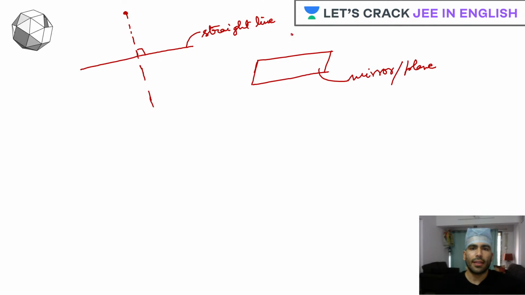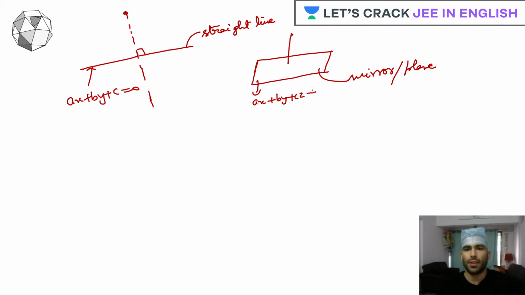Now what all things you need to remember. See, I know the process how you guys solve it. See here, they give you this equation, ax plus by plus c is equal to 0. Here they give you this equation, ax plus by plus cz plus d is equal to 0. That's what they give you, these equations.